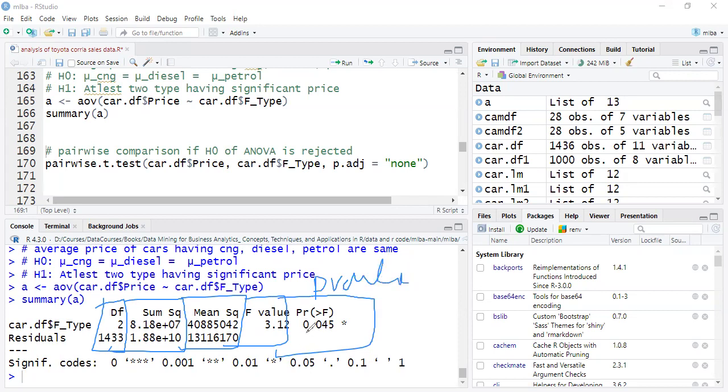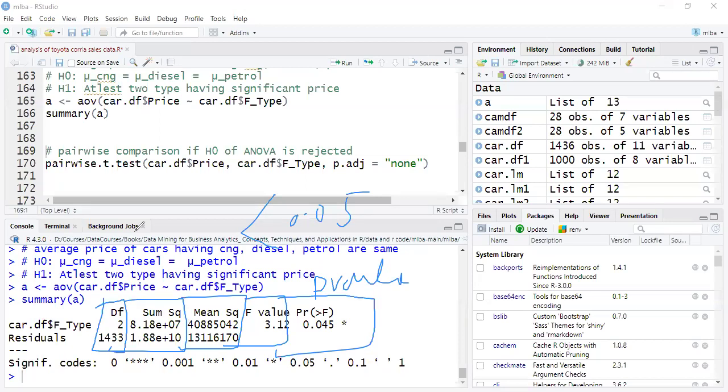The p-value is 0.045. It is smaller than 0.05, which means the null hypothesis is rejected and the means are significant. If the null hypothesis is rejected, we say the means are significant.